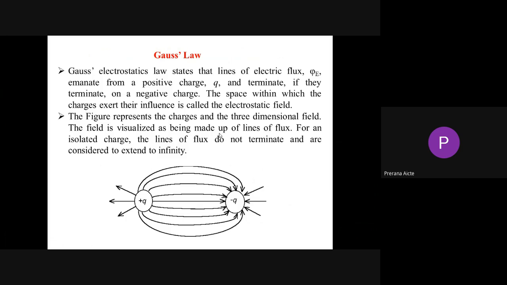The field is exerted from the positive charge to the negative charge; at the positive charge the field is outward, and at the negative charge the field is inward. Okay, so the figure represents the charges and a three-dimensional field. The field is visualized as being made up of lines of flux. These lines are nothing but the flux.